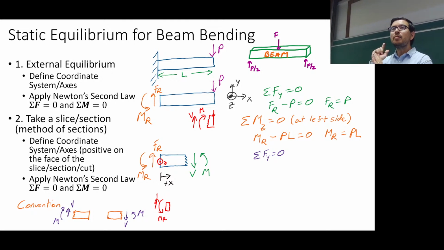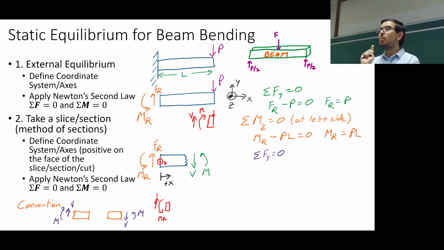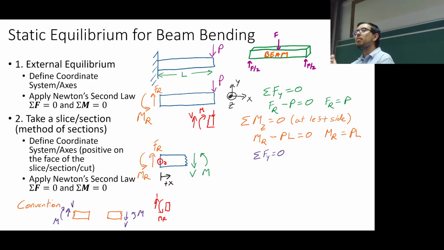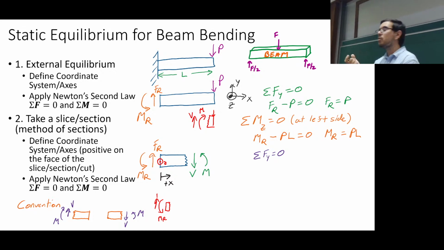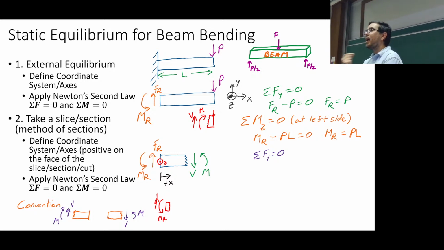You do have to follow the convention when you do internals, okay? You must follow convention if you want correctness, because we have to be able to communicate with each other. If you tell me the internal shear force is negative, but I say it's positive, I'm right, okay?